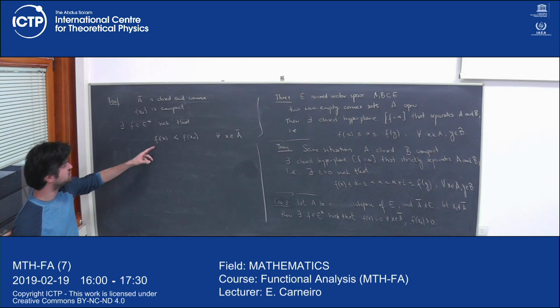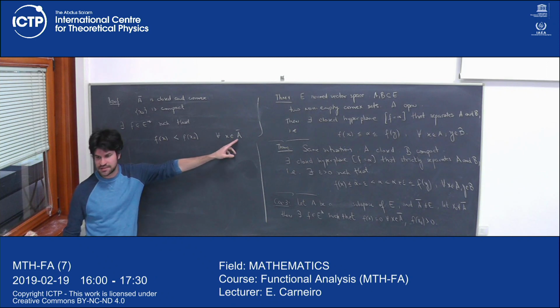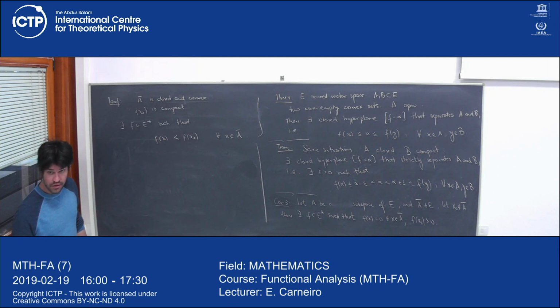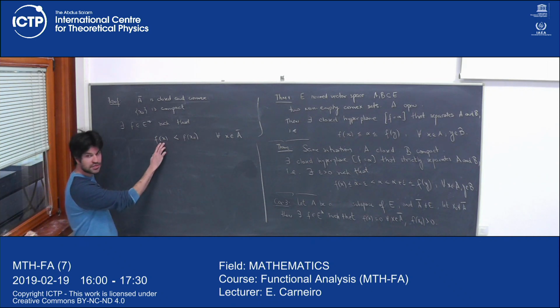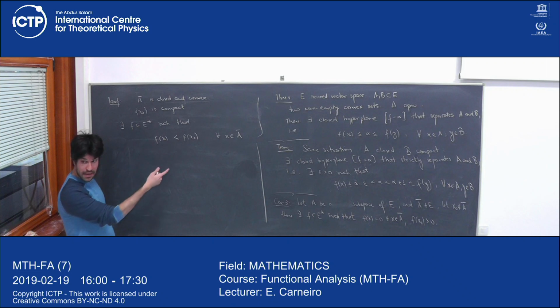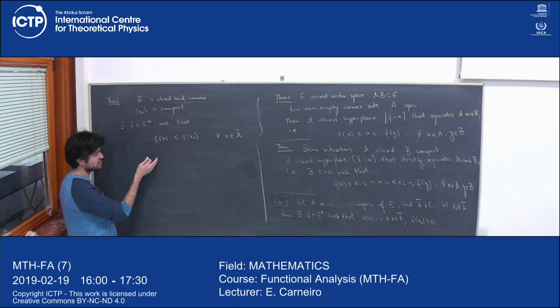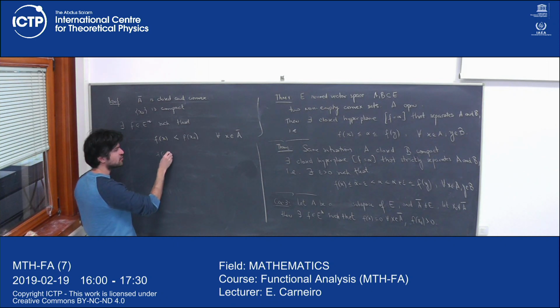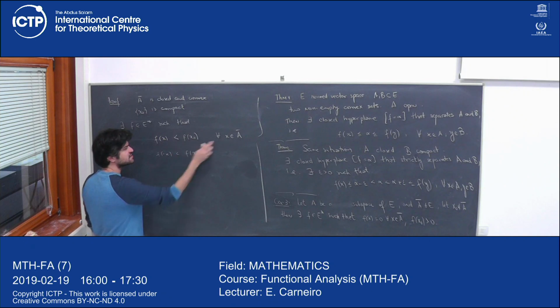There exists a functional such that f of x is less than f of x0 for any x in this set, but this is a subspace. So you could take this inequality and change x to minus x. And you could also multiply by lambda. So these things must hold too, right? If you change x to minus x, this holds too, because minus x is also in the subspace.